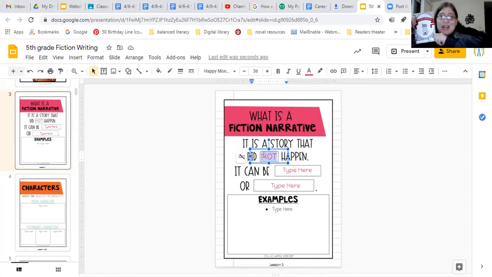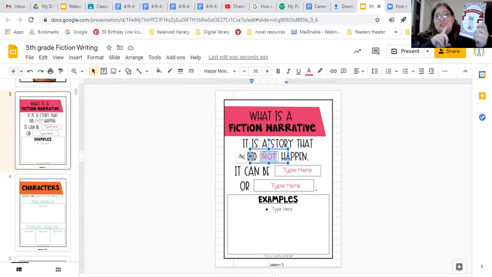Now, would we say that the Willoughbys is realistic, as in it could happen? Or would we say that it's unrealistic, as in there is no way this could happen? Well, I hope that you are all saying that it's not very realistic, because it's not, right?